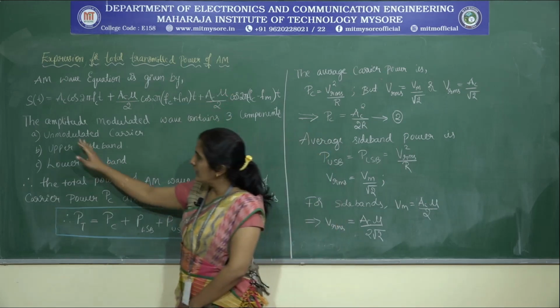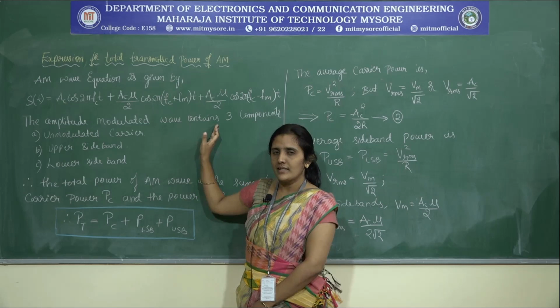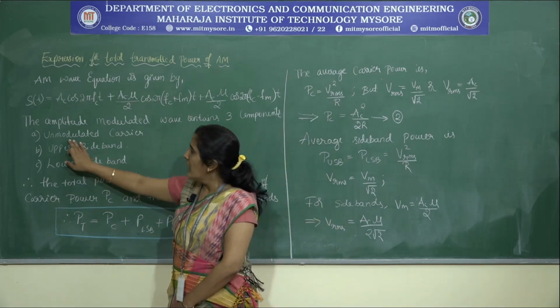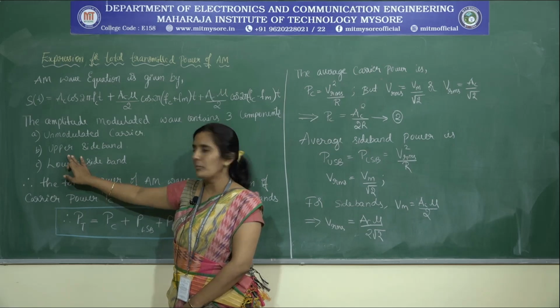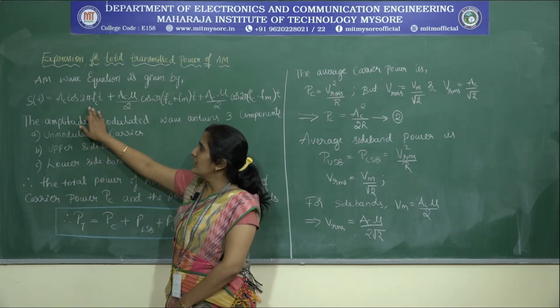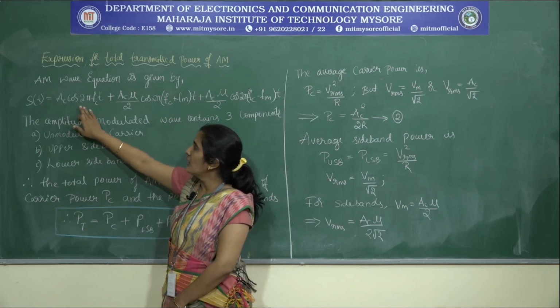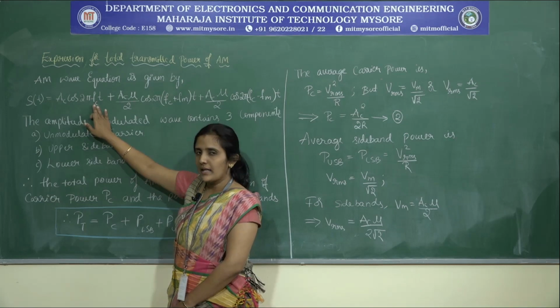The amplitude modulated wave contains three components: the unmodulated carrier, the upper sideband, and the lower sideband. Ac cos 2 pi fc t is called the unmodulated carrier.